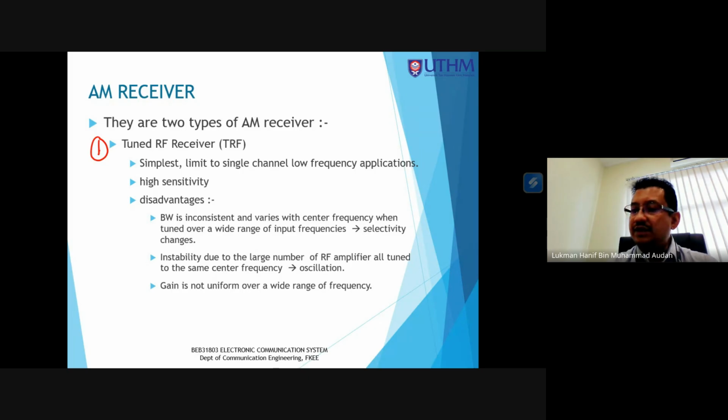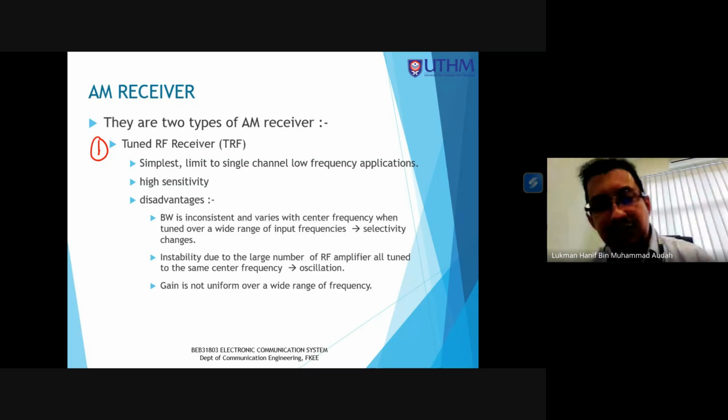Therefore, the selectivity of the receiver will change depending on the situation. It is also unstable due to the large number of RF amplifiers, arranged as cascaded amplifiers, all tuned to the same frequency. This will disturb the oscillation frequency selectivity. Gain also is not uniform over a wide range of frequencies.